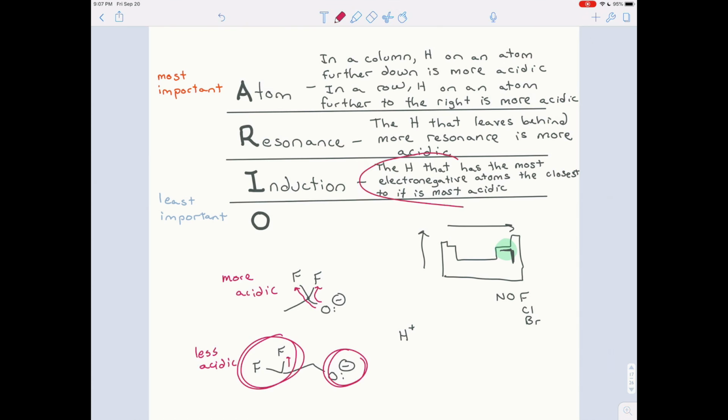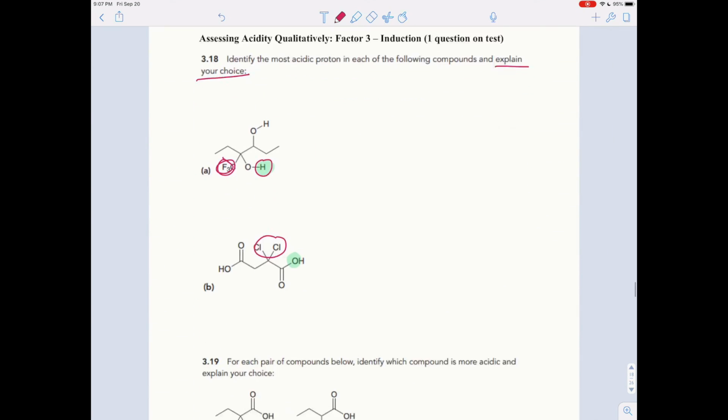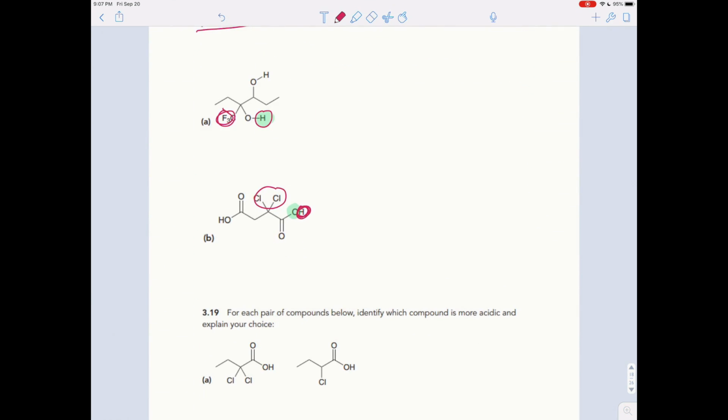If those tie, the hydrogen that has the most electronegative atoms closer is the most acidic. And that is this one. That hydrogen is the most acidic. It has the most electronegative atoms closest.